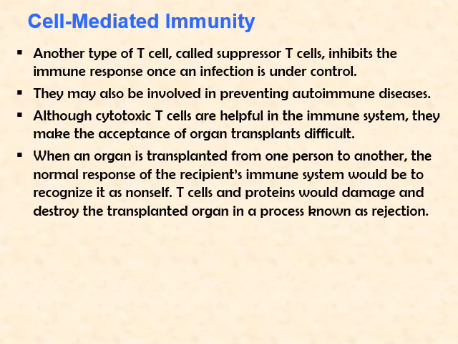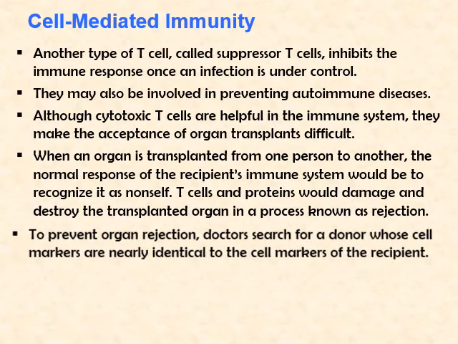When an organ is transplanted from one person to another, the normal response of the recipient's immune system would be to recognize the donor's organ as non-self, or any kind of invader or pathogen. T cells and proteins would damage and destroy the transplanted organ in a process known as organ rejection.